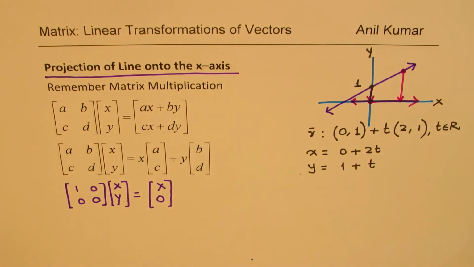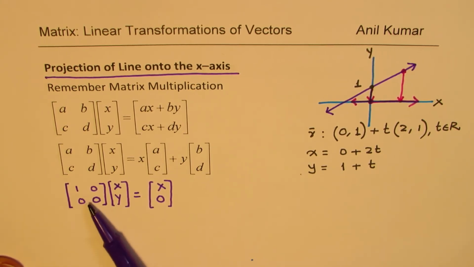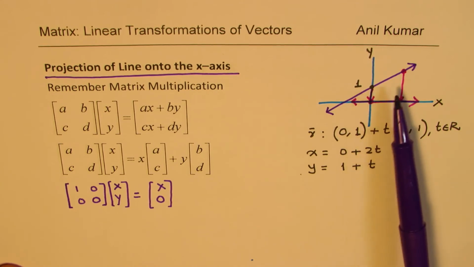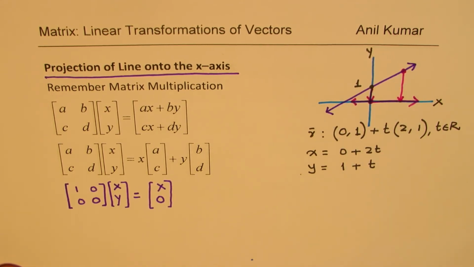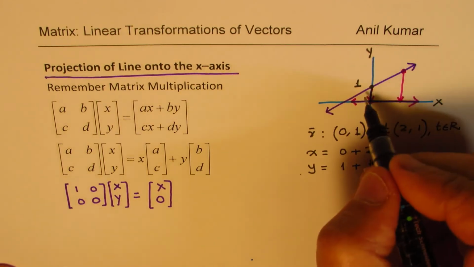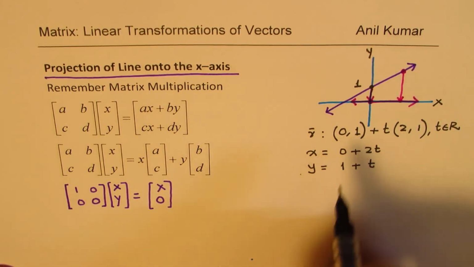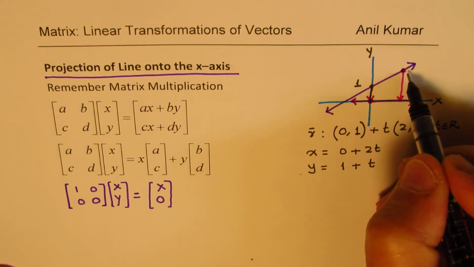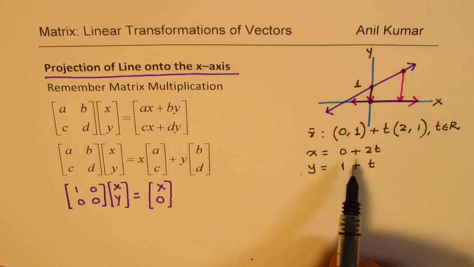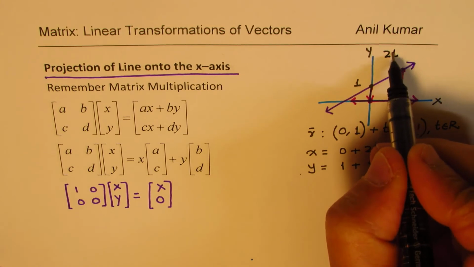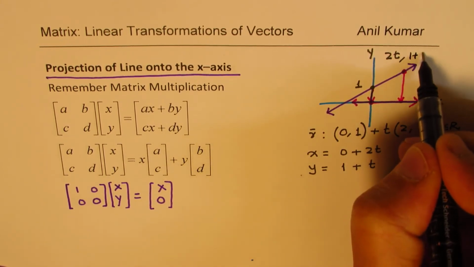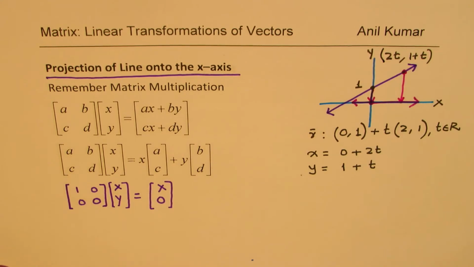So that is basically the projection of the line onto the x-axis. Is this concept clear? What we need to check is whether this transformation matrix really works for a line. It does work for a point. We just saw it. So we're considering a point here, which is 0, 1, and we have another point, a general point, which could be written as 2t, 1 plus t. So we are going to apply this transformation to a general point and check our result.